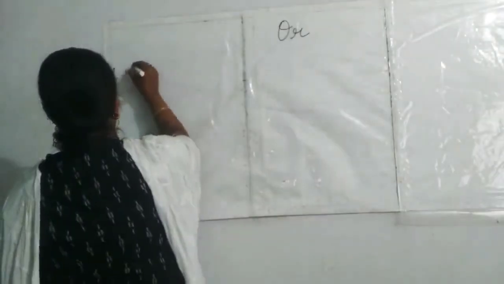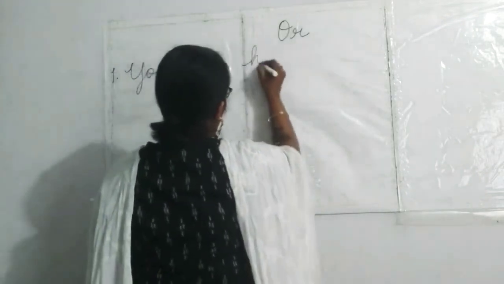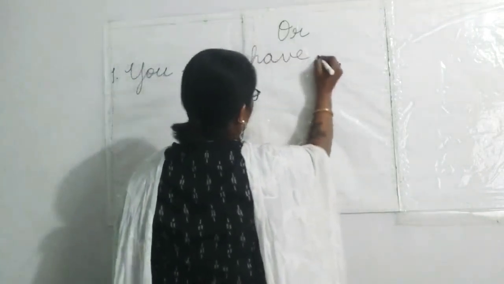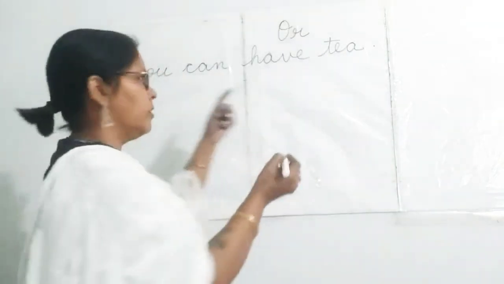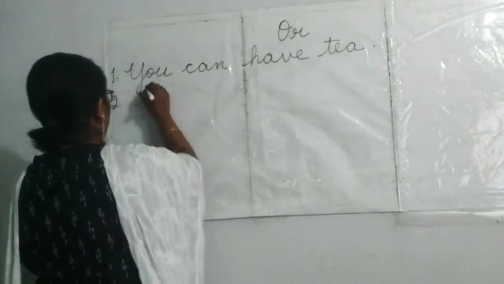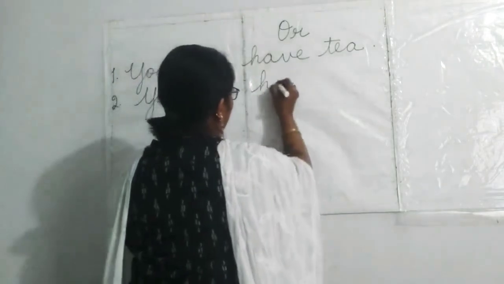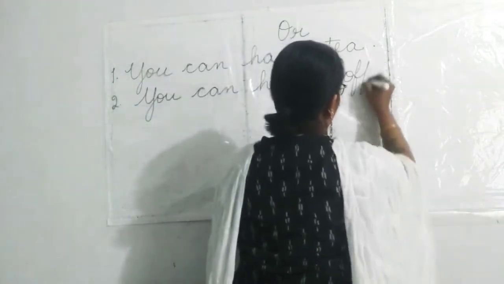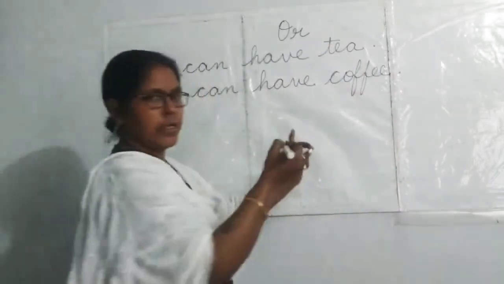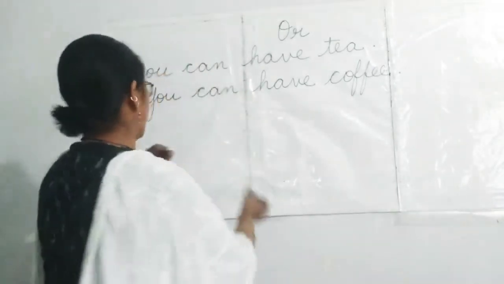First one, you can have tea. You can have tea. Second one, you can have coffee. Okay, two sentences. Now we are going to use or and make it a single one. Okay.